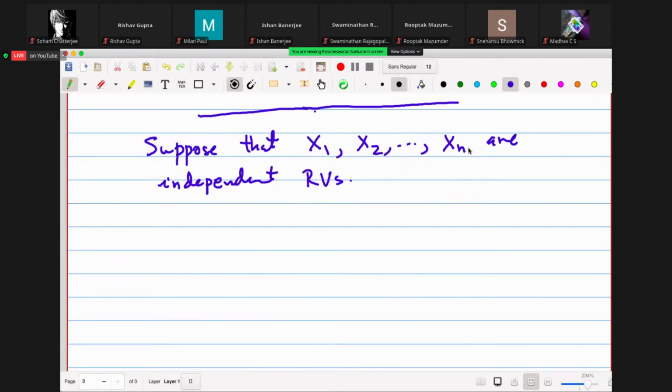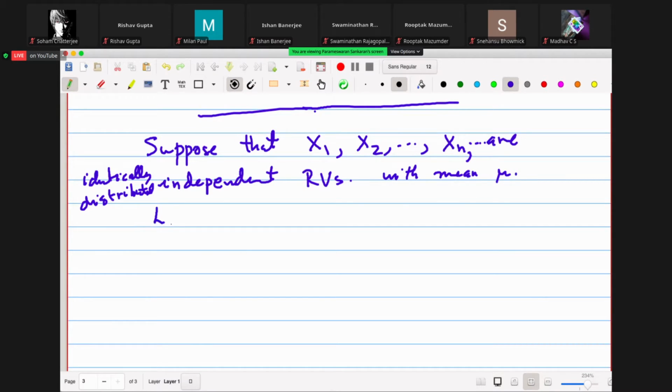So here, X1, X2, and so on are independent, identically distributed random variables with mean mu.